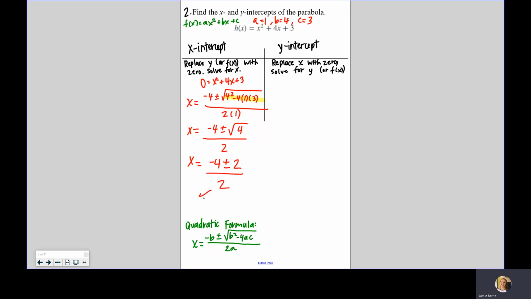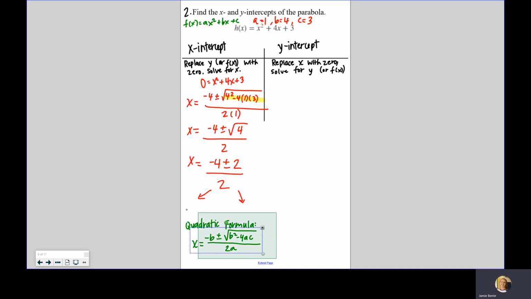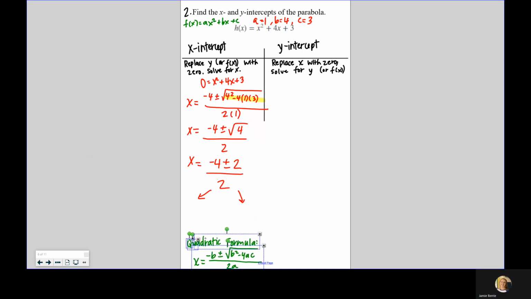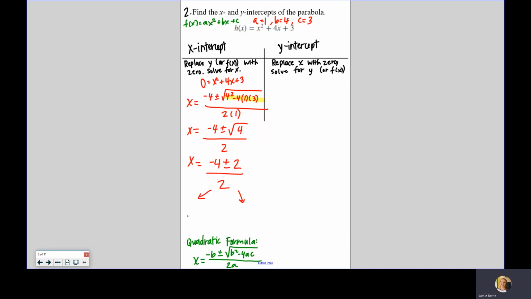This now gets split up into 2 pieces. The first piece is where we have negative 4 plus 2 over 2. And the second piece is where we have x equals negative 4 minus 2 over 2.